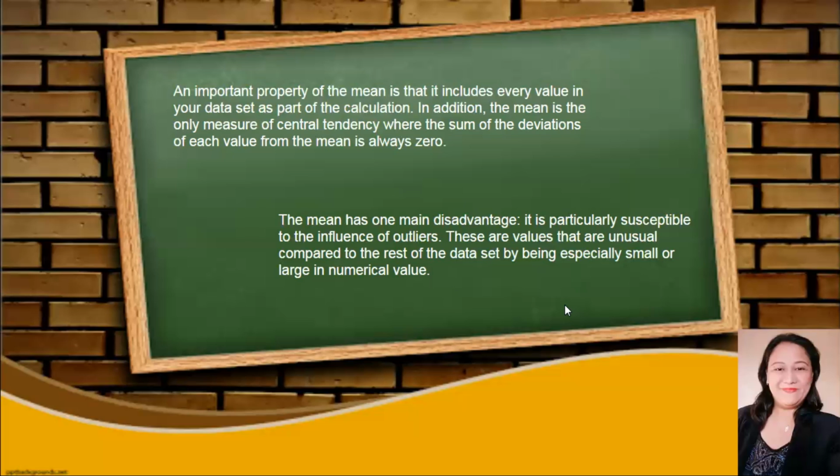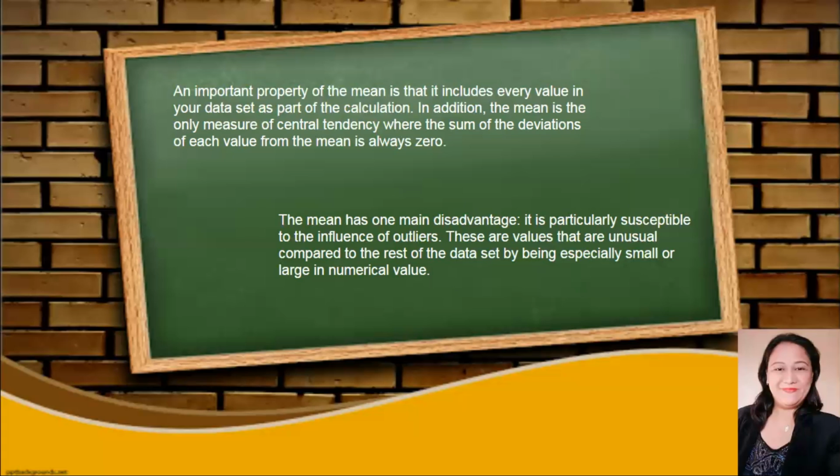Halimbawa, sa exam ninyo, merong isa na naka 100, tapos meron ding isa na naka 0. Pero lahat naman, aside from those two, average lang, nakapasa lang. Okay lang yon. Pero, paano kung sa 10 nag-exam, 8 ang naka-0?